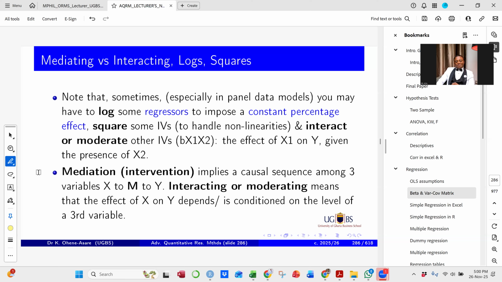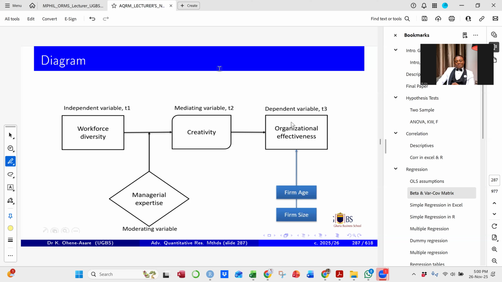But interaction or moderating. So you see, there's mediating and moderating. Moderating means that the effect of x on y is conditioned on the level of a third variable. So let's take an example. You have an independent variable, and it's supposed to affect a dependent variable.